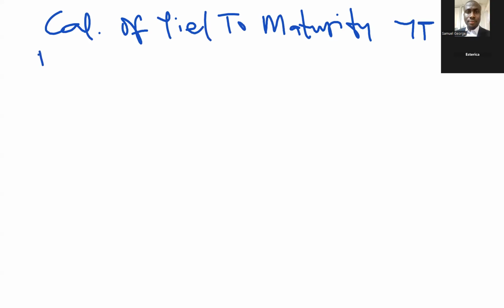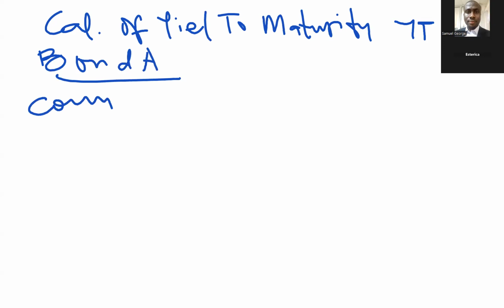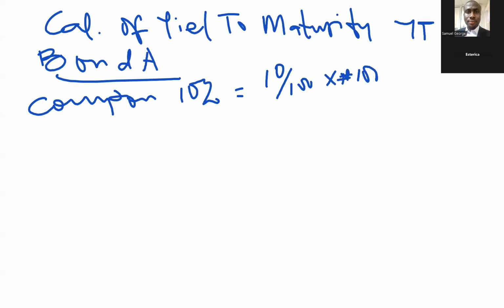For bond A, we need what? Coupon. And we calculated our coupon, 10%, right? 10%, which is equal to 10 divided by 100 times 1,000 naira, which is equal to 100 naira.